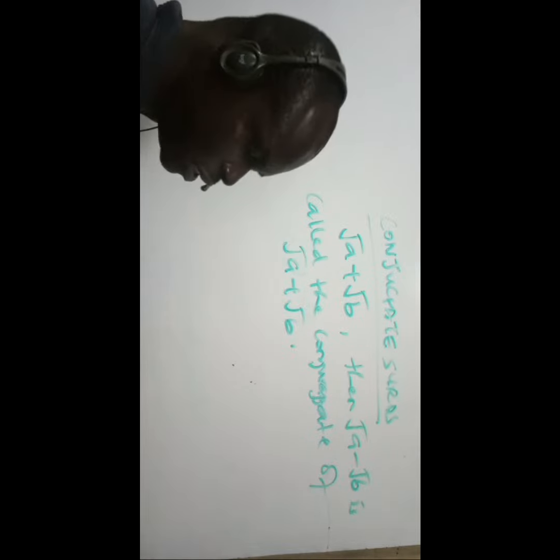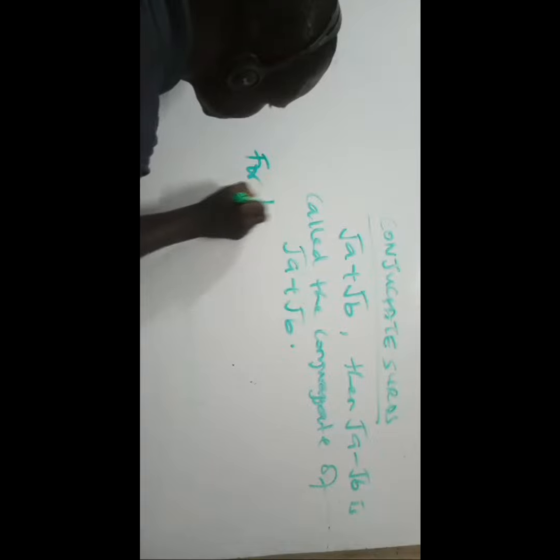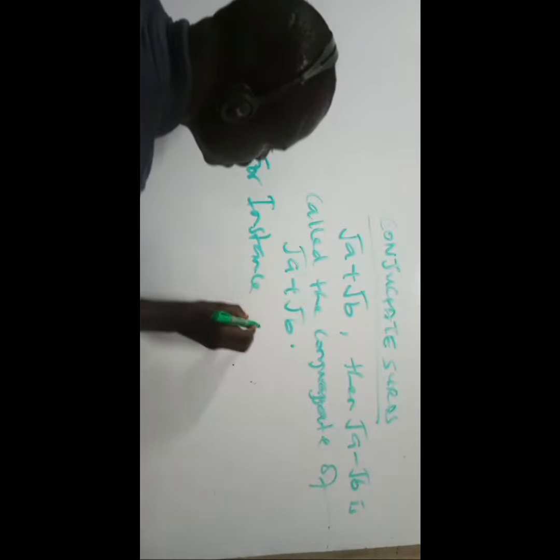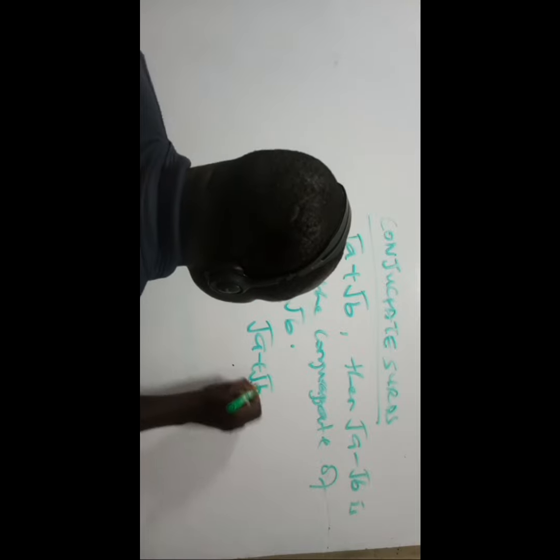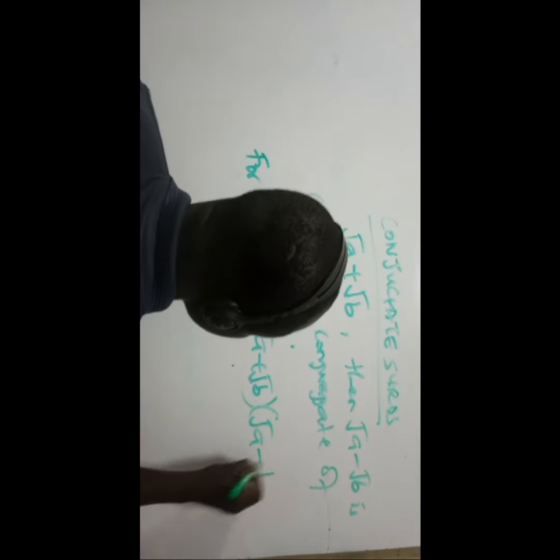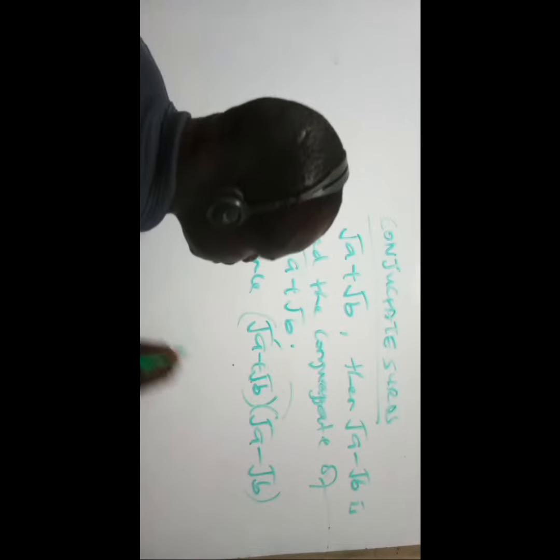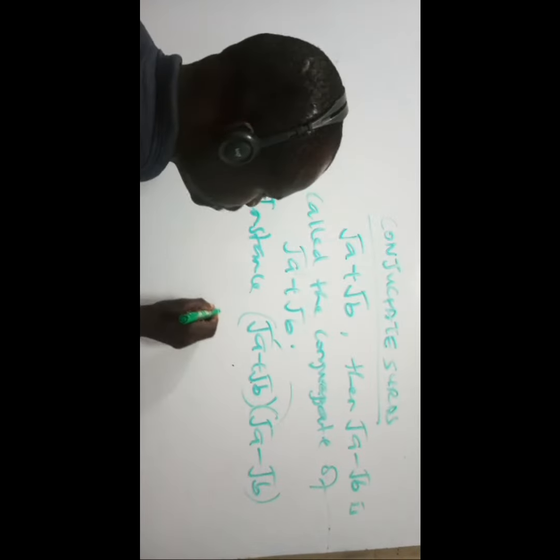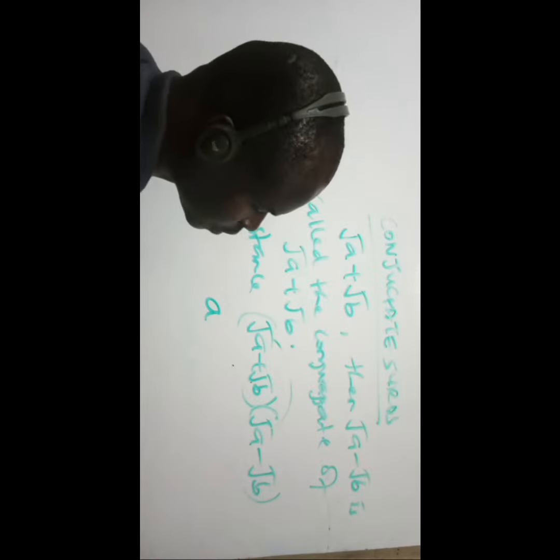Then also note that the product of a surd and its conjugate gives a rational number. That is, when you multiply a surd by its conjugate, we are not going to get a surd form again. We are going to get a rational number, a number that does not have square roots. For instance, if I multiply square root of a plus square root of b by square root of a minus square root of b: square root of a times square root of a will be a, because the square root takes care of the square root.